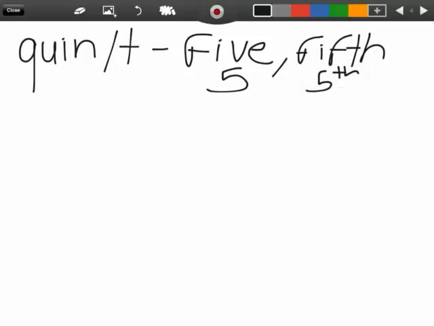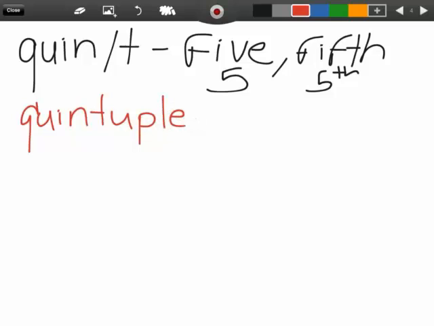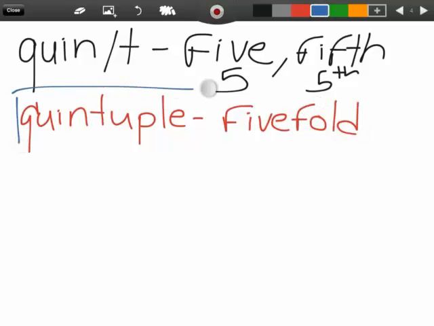I'm going to go ahead and give you an example word. I'm going to say quintuple, and that means 5-fold. I'm going to go ahead and use quintuple in a sentence.